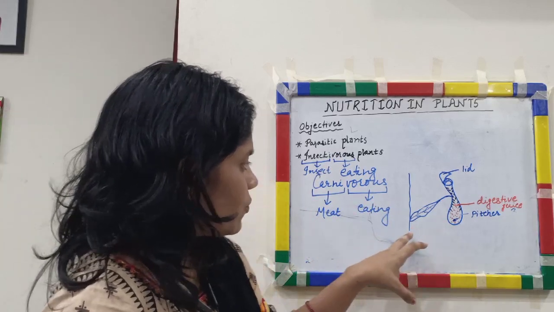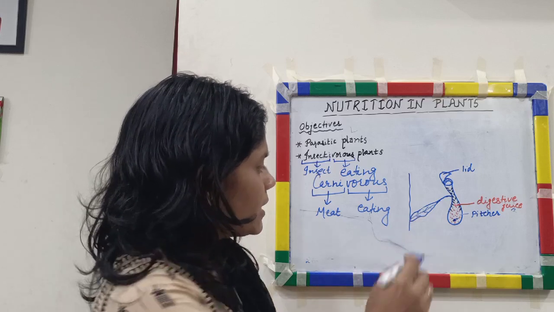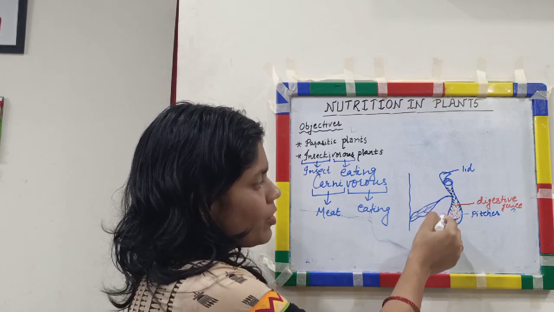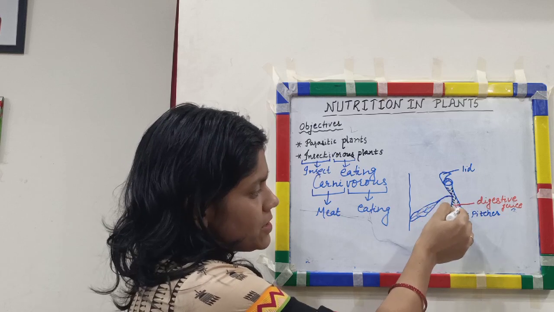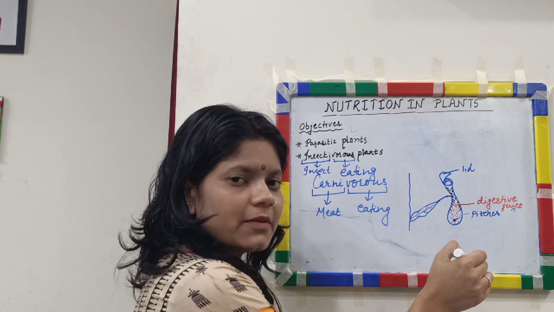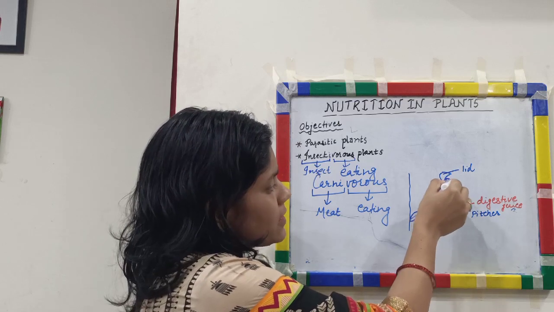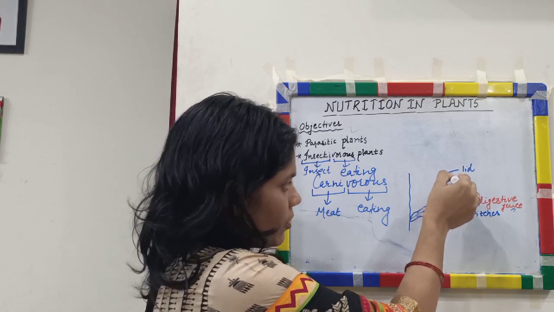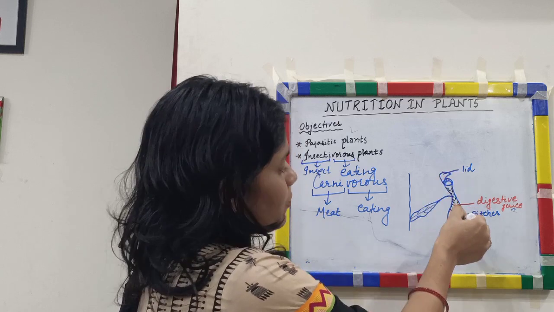So we can understand what happens in an insectivorous plant. The leaf is modified in the form of a pitcher. Inside the pitcher, there are digestive juices or digestive enzymes. When an insect sits on the rim of the pitcher, it slips down.